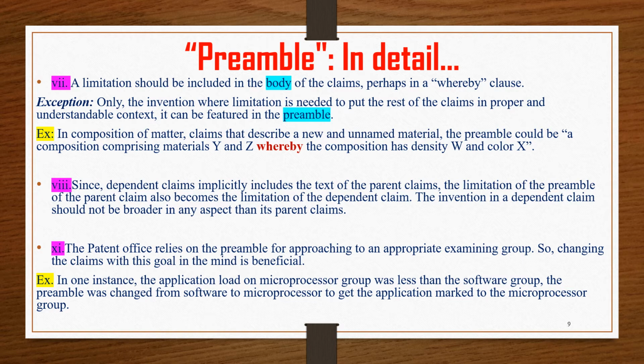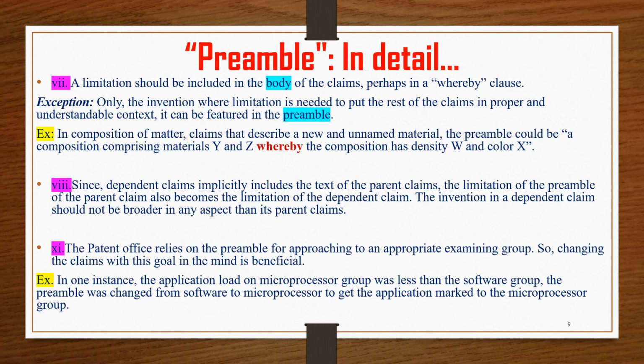Fine. Point number 7. A limitation should be included in the body of the claims, perhaps in a whereby clause. The exception is only the invention where the limitation is needed to put the rest of the claims in proper and understandable context. It can be featured in the preamble. That means point number 7 explains where to include the limitation, in what situation the limitation should be included in which part.